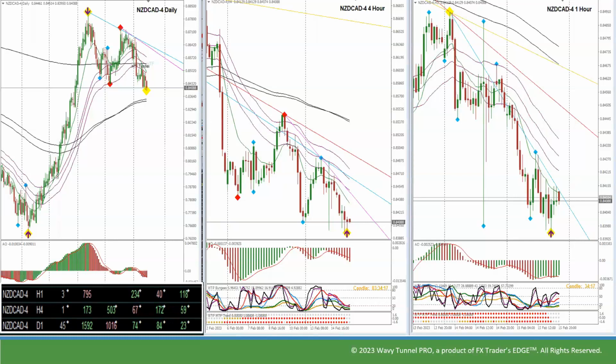Okay, and for newbies, I'm being asked, are there specific time frames we should be using? For newbies, you want to get a lot of practice in. So you want to practice on a demo account, and you want to be using the time frames that you're going to be trading.